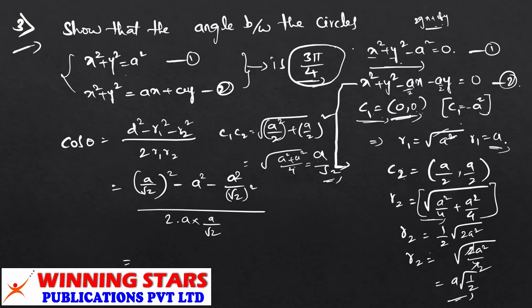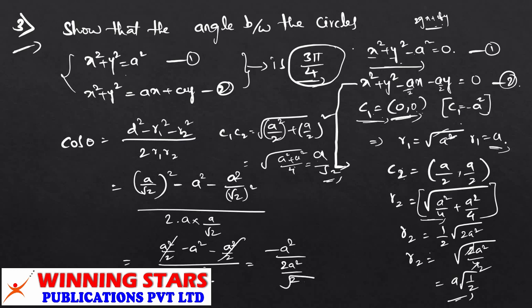Now from this it becomes a square by 2 minus a square minus a square by 2, divided by 2a square by root 2. This gets cancelled: minus a square by 2a square by root 2.